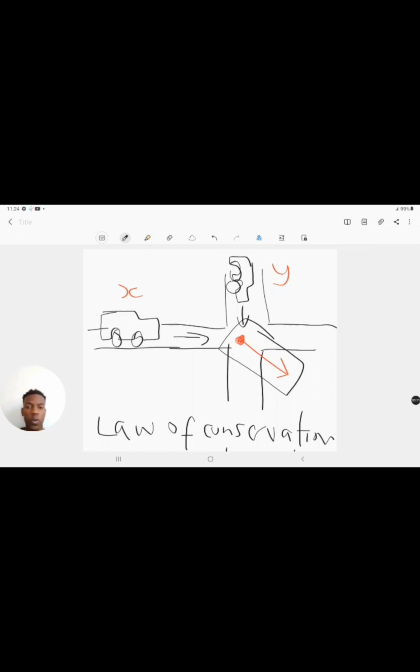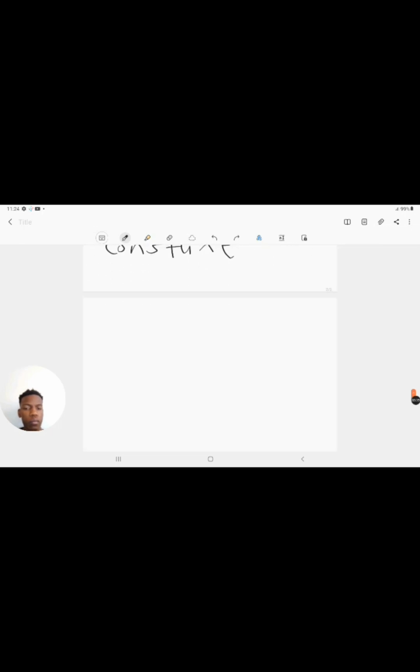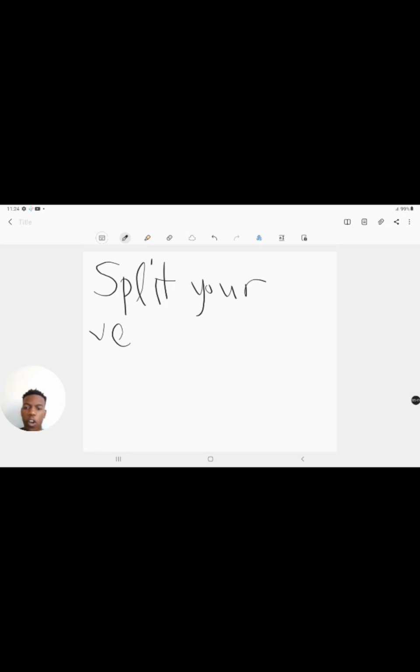How do we tackle this situation? Well, it's easy. In order for you to do your analysis of momentum, you split your velocities.